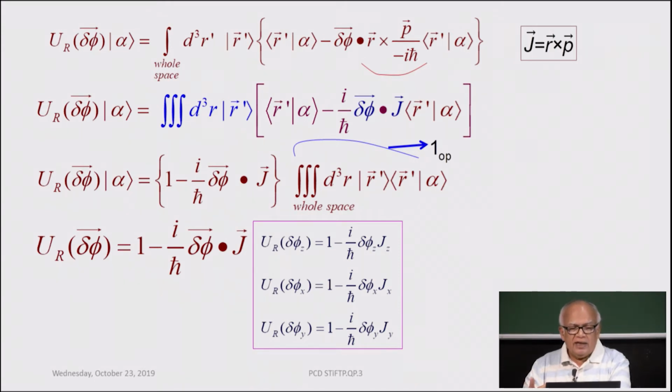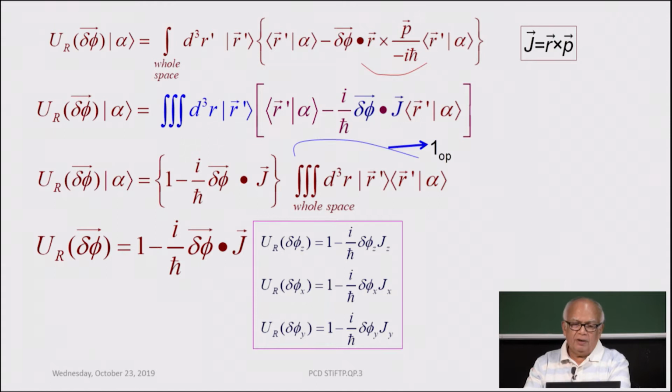So, now we get an explicit expression for the rotation operator. And if you specialize this to angular displacements about the x axis, y axis and z axis, you get the three generators of rotations, which are the components of the angular momentum. So, you see the components of the angular momentum Jx, Jy, Jz as the generators of rotations.